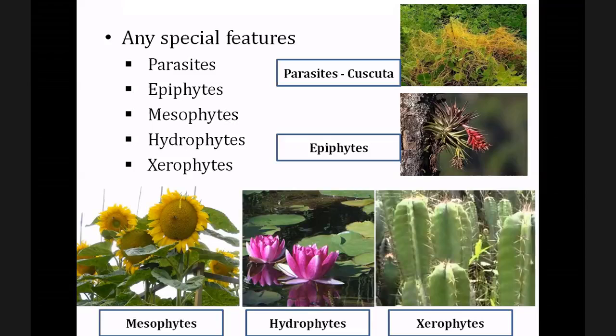Only for the support, they grow on another plant. That is called an epiphytic plant, or air plant. The examples are orchids, lichens, mosses. Those are the examples of epiphytes.